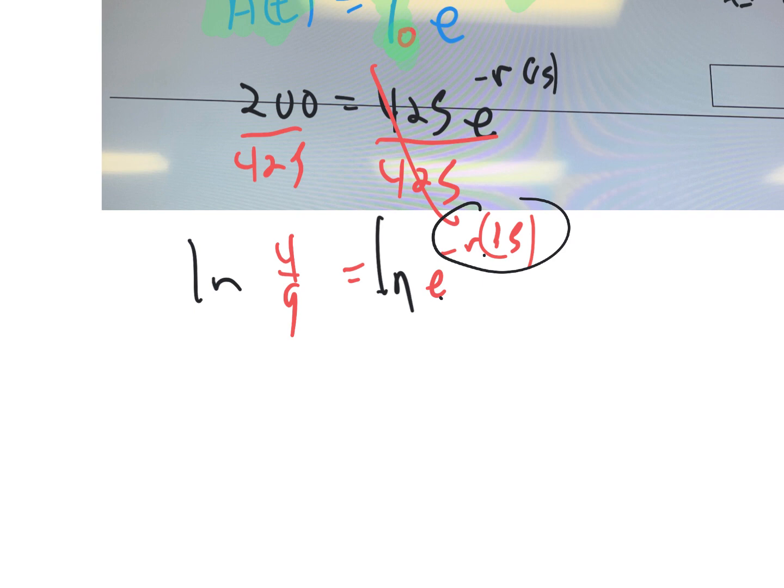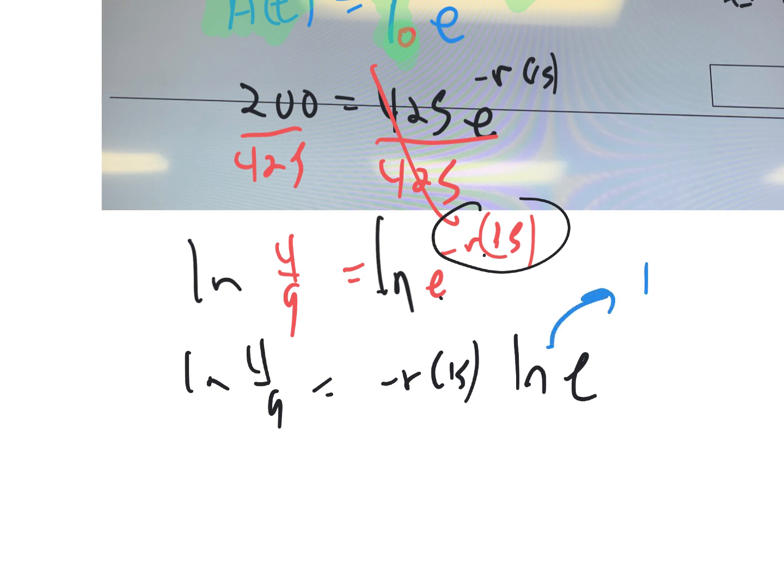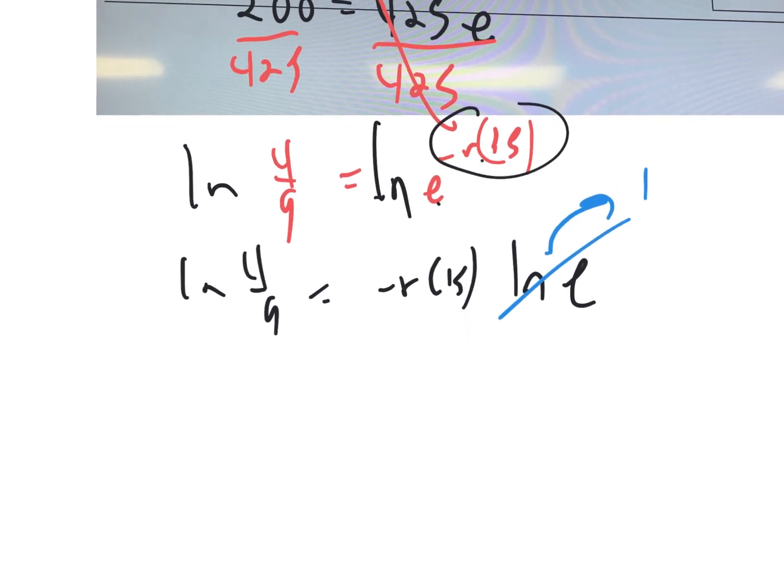So it basically cancels out because, as I said, natural log of 4/9 is equal to negative r times 15 times natural log of e, and they figured out natural log of e goes to 1, so it's gone. I'm almost done.